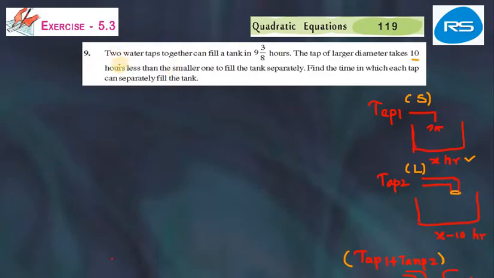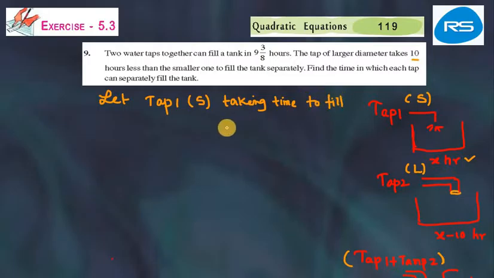So now we'll start. Let tap 1, the smaller diameter, take X hours to fill the tank.